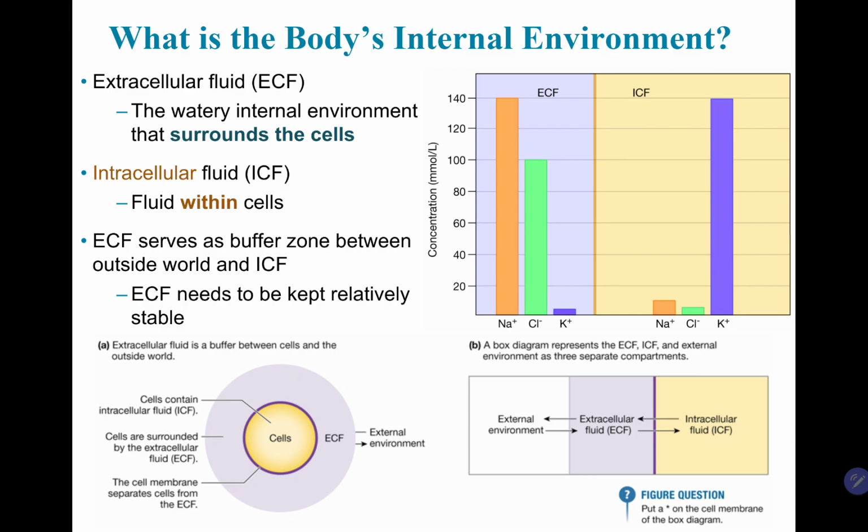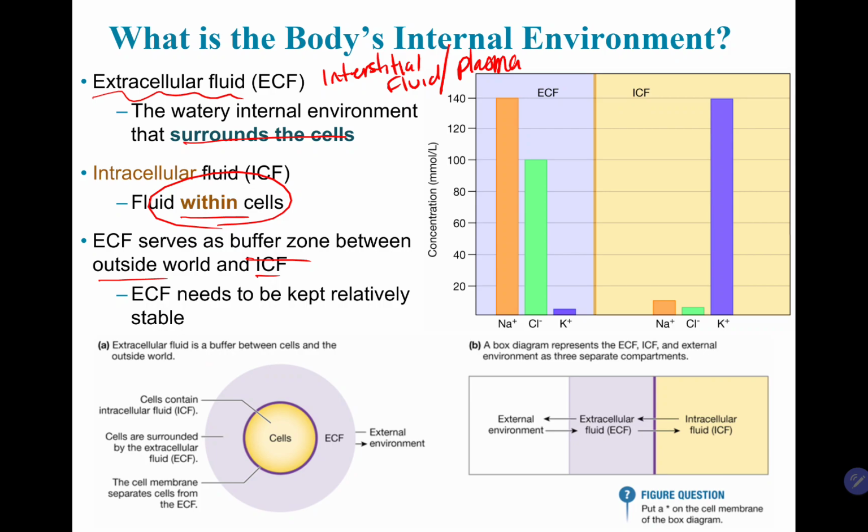And so when we're looking at the body's internal environment, we know that the extracellular fluid is the fluid surrounding the cell. The intracellular fluid is within the cell, right? The fluid in the cell. The extracellular fluid is the interstitial fluid as well as plasma. Now, it's this extracellular fluid that serves as a buffer zone between the outside world and the intracellular fluid, right?